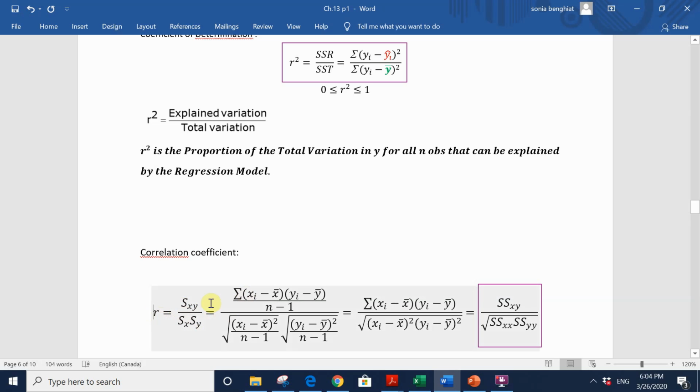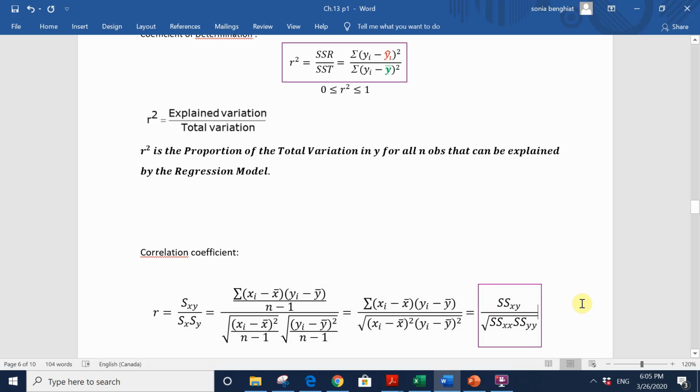And so if we elaborate on that, let's go back and review the formulas. So the sample covariance of x and y we had seen before is in fact equal to this formula right here. And in the denominator, if I were to take the product of the sample standard deviation of x, that's this one right here, times the sample standard deviation of y, that's this one right here, then this reduces to this. Once again, the n minus 1 cancel out, and so I am left with this form right here.